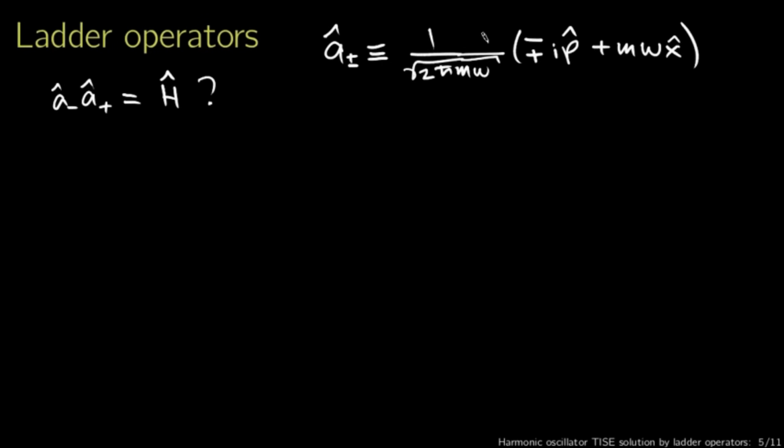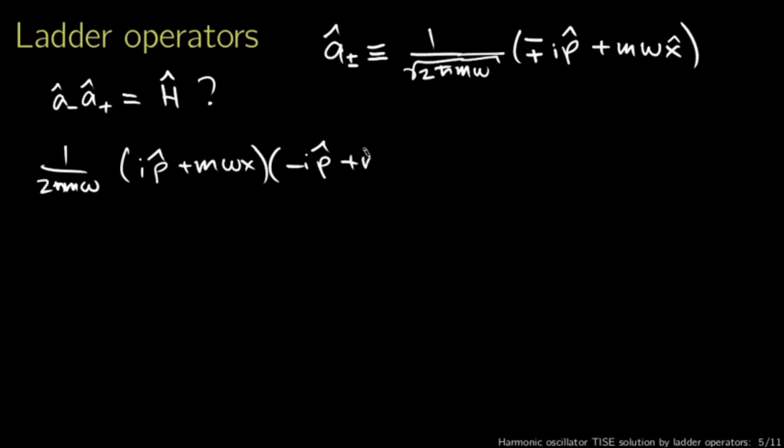We have two a's being multiplied together, so we're going to have a 1 over 2 h bar m omega out front, and then we're going to have (i p hat plus m omega x) times (minus i p hat plus m omega x). Once again, hats on the x's if you prefer.